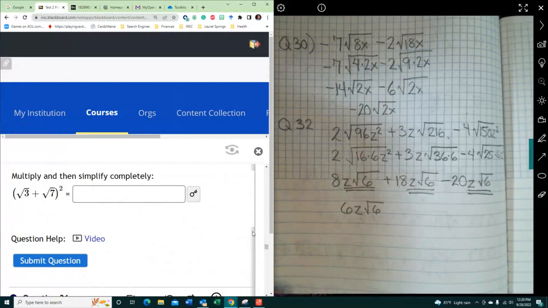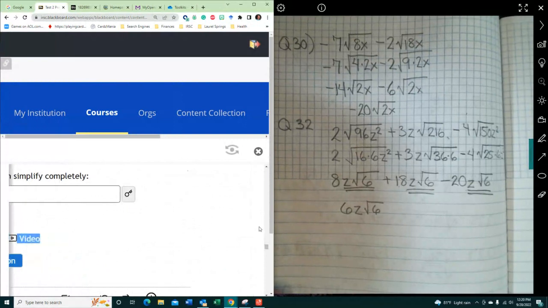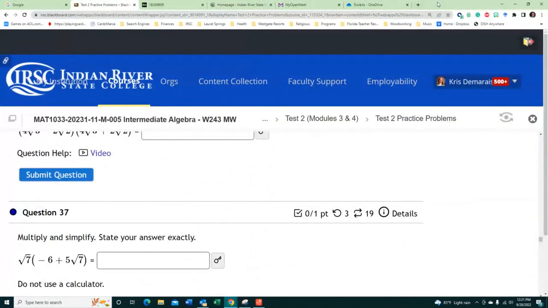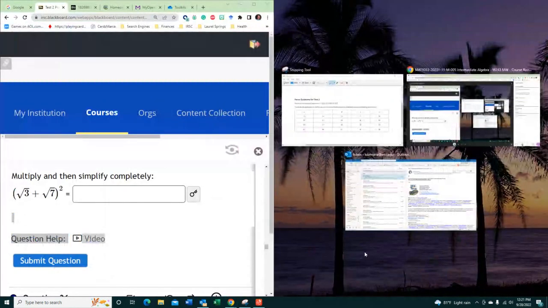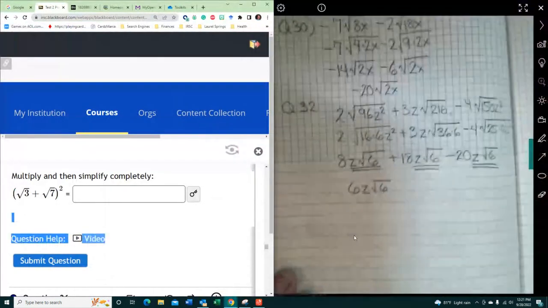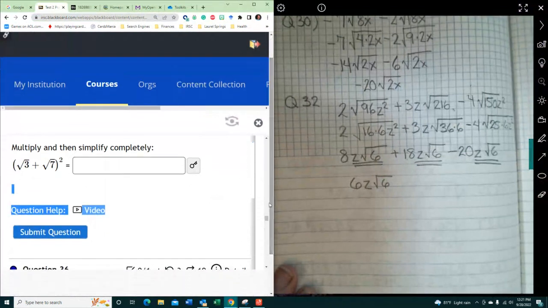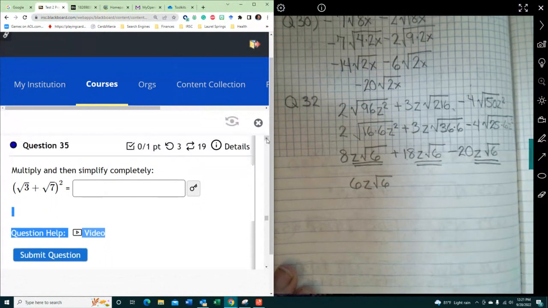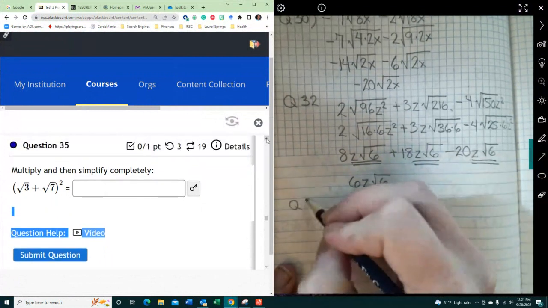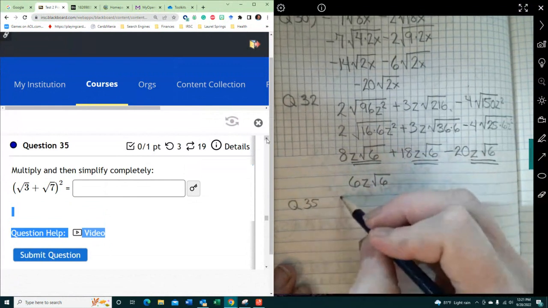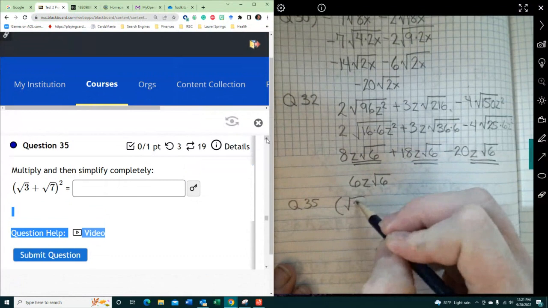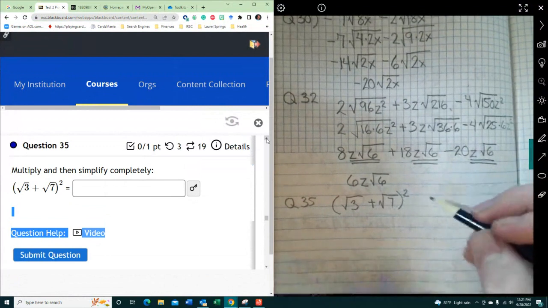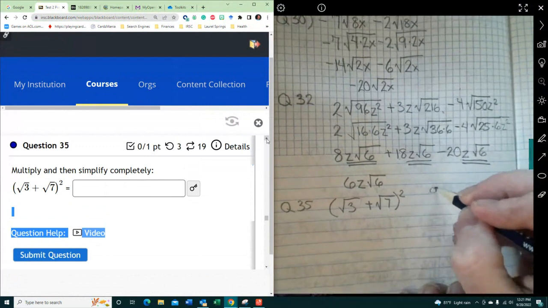Now we have multiplication. Here we have this. Now, when we're multiplying radicals and we're squaring it, remember, we could do this perfect square formula.